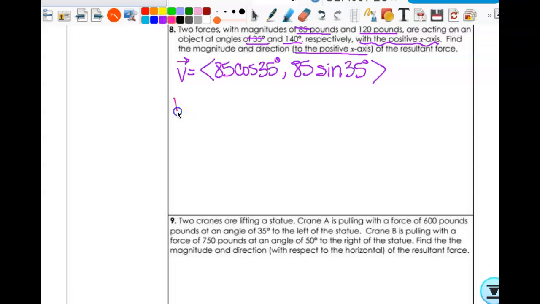And then, I should have called this vector 1. And then I can call this one vector 2. Then my force is 120, and my angle is 140. Like so.